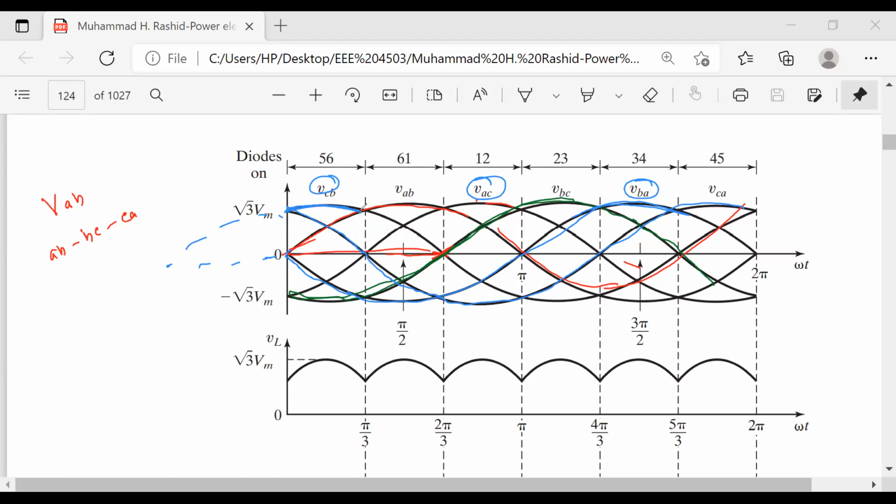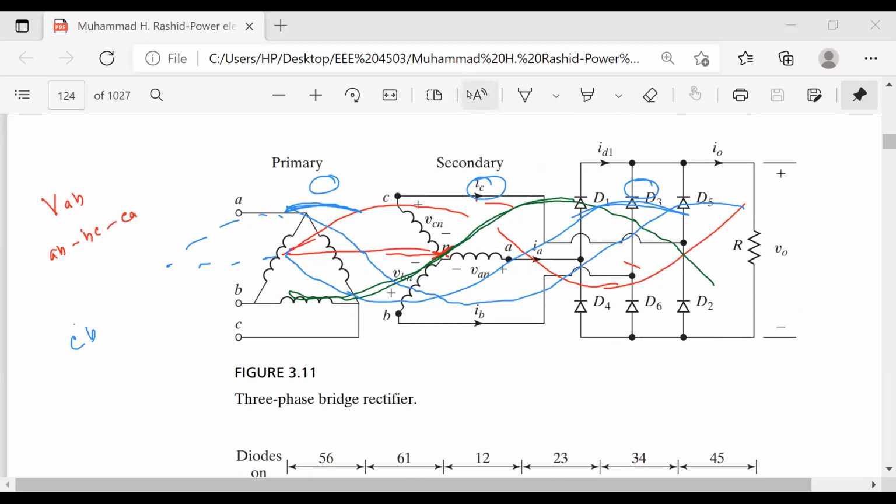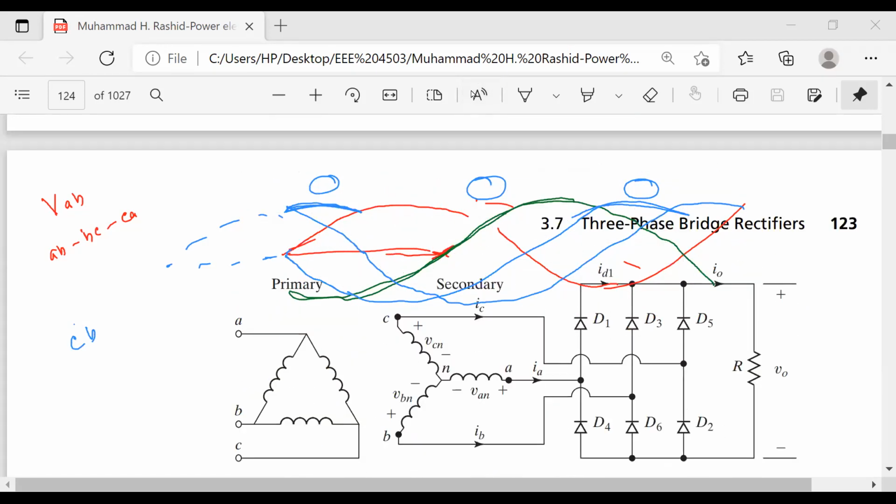VCB, right? Yes, sir. So VCB, remember C and B. Let us go back and see which are the C and B. If it is CB, we have already pointed out CB here. C is connected to which diode? 5 and 6.